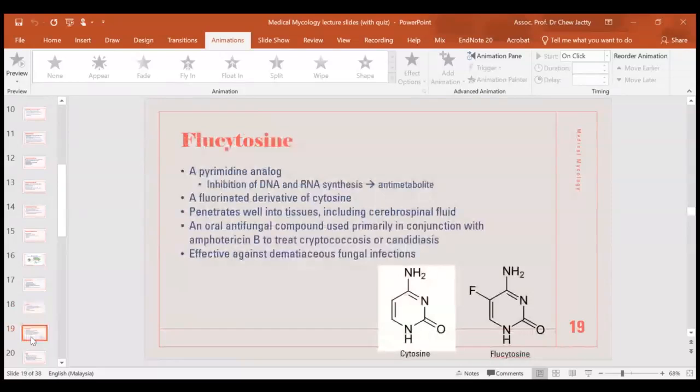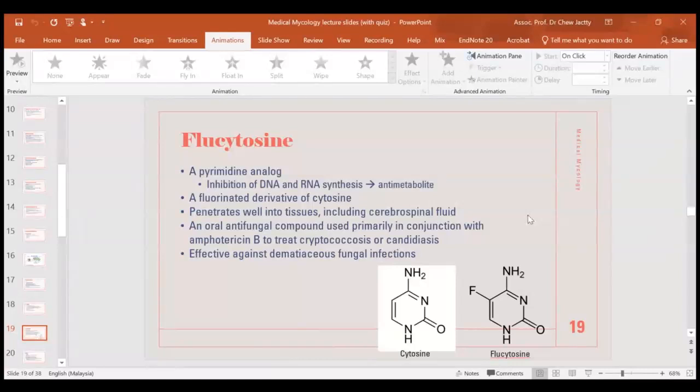Flucytosine is another group of antifungal. If you look at the structure here, flucytosine is an analog of pyrimidine. With the addition of the fluorine on the structure, it is an anti-metabolite. It competes with cytosine that is used in the formation of RNA and DNA. Flucytosine penetrates well into tissue, including the cerebrospinal fluid.